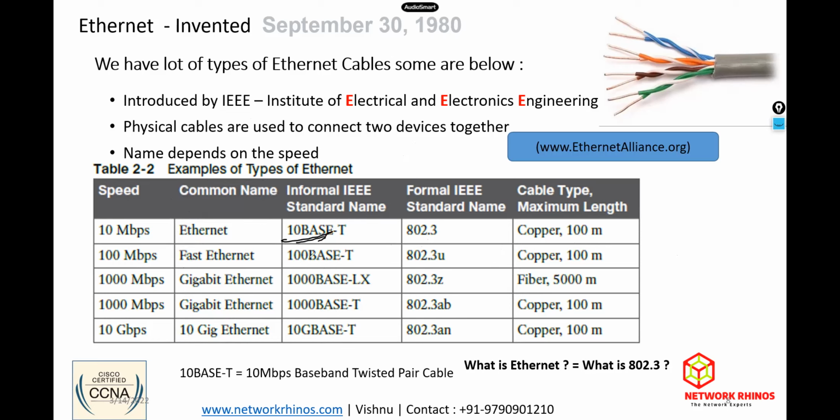In 10BASE-T, 10 means the speed, which is 10 Mbps, BASE means baseband, and T means twisted pair cable. Again here, 100 means 100 Mbps baseband twisted pair cable, 1000 Mbps baseband twisted pair cable, and 10 Gbps is called 10 gigabit baseband twisted pair cable.